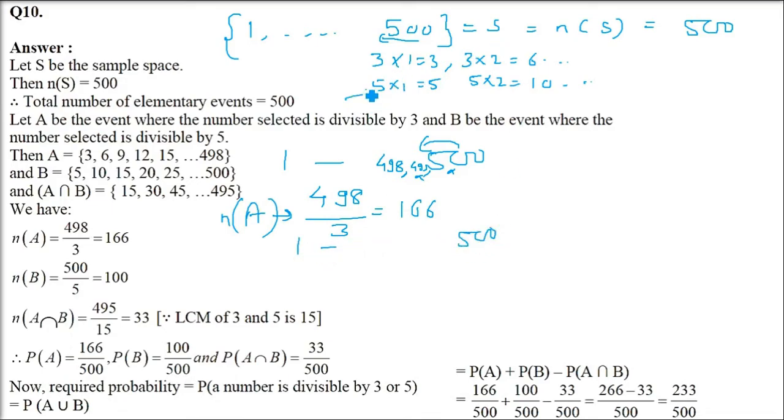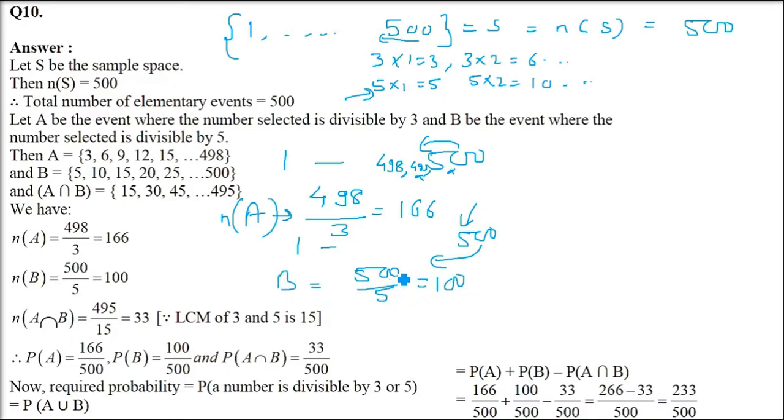Same will do with 5, 1 to 500. Now how many numbers are divisible by 5? If you start from the back, you don't have to go back because 500 is itself divisible by 5, because I said 1 and 500 are inclusive. So 500 divided by 5 is 100.